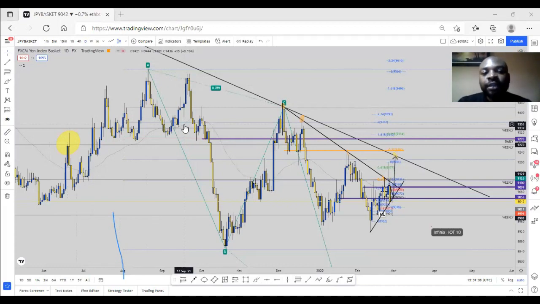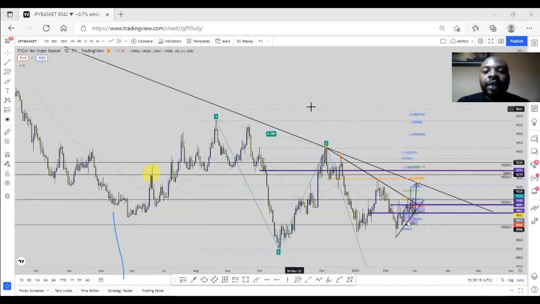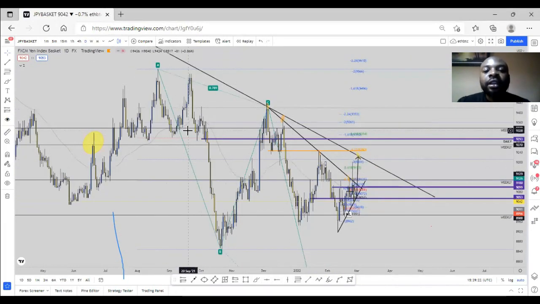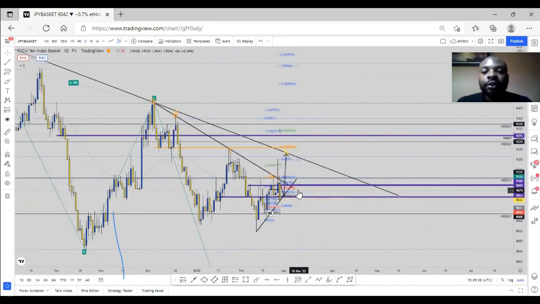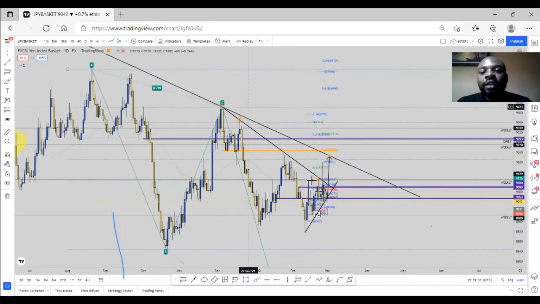When yen is going down as a basket, we expect that the GBP should be bullish. Why yen is going down, we expect that USD should be bullish, GBP JPY should be bullish, Euro USD should be bullish.